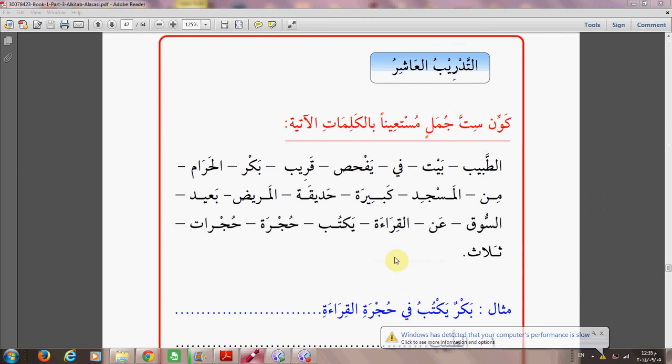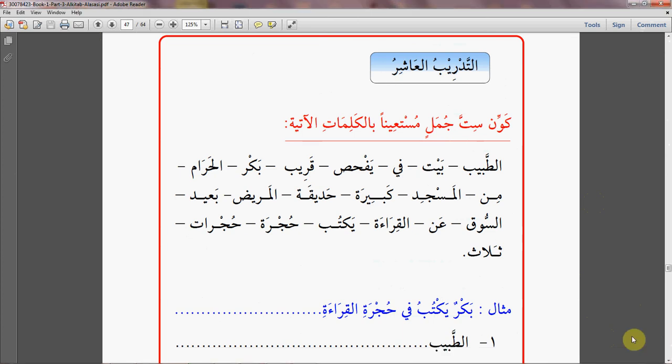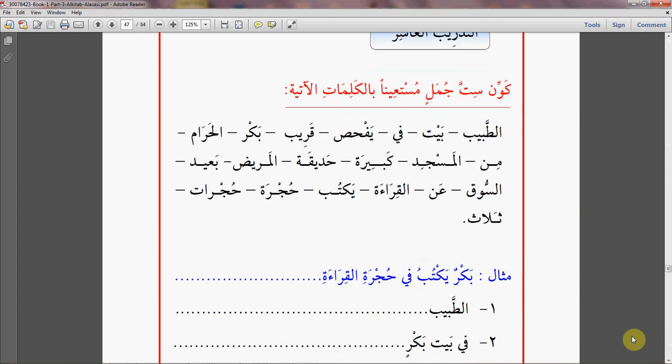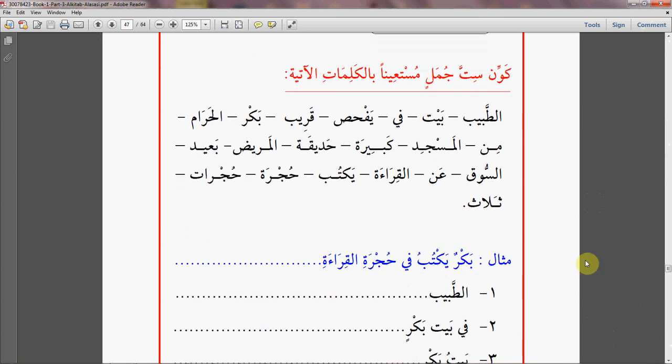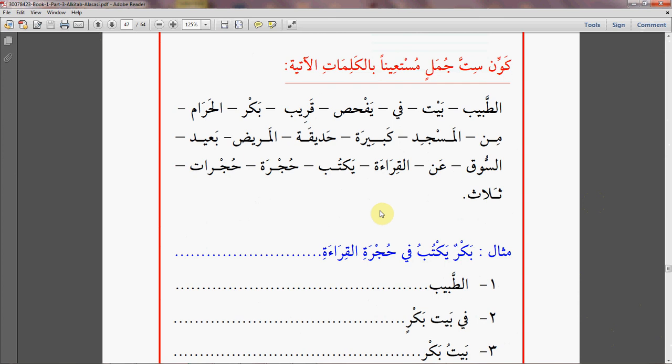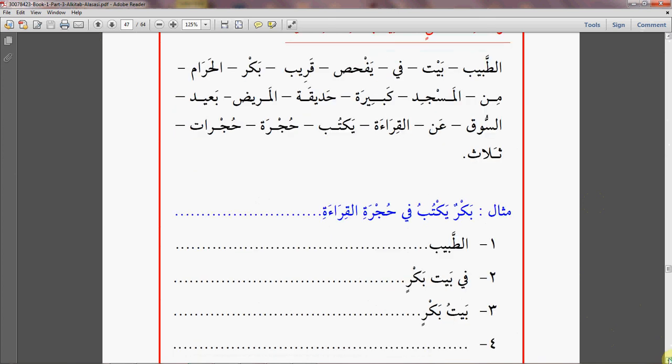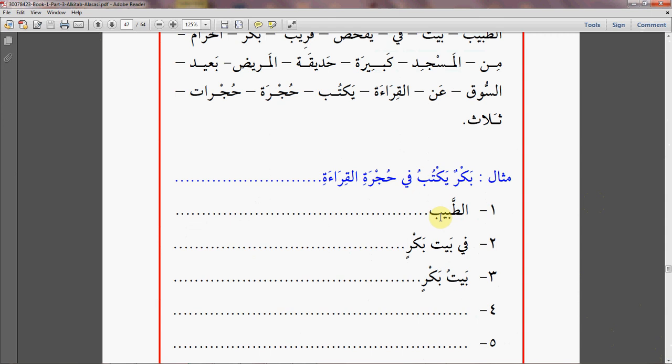Okay, so many more sentences you can make using these vocabularies. This is up to you. يكتب, yes, بكر يكتب في حجرة القراءة. This is one of the sentences. Okay, you can use the rest of the sentences starting with الطبيب في بيت بكر.